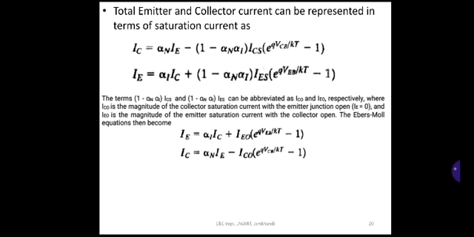So the Ebers-Moll equation then becomes IE is equal to alpha I IC plus IEO into e to the power q VEB by KT minus 1, and IC equal to alpha N IE minus ICO into e to the power q VCB by KT minus 1.